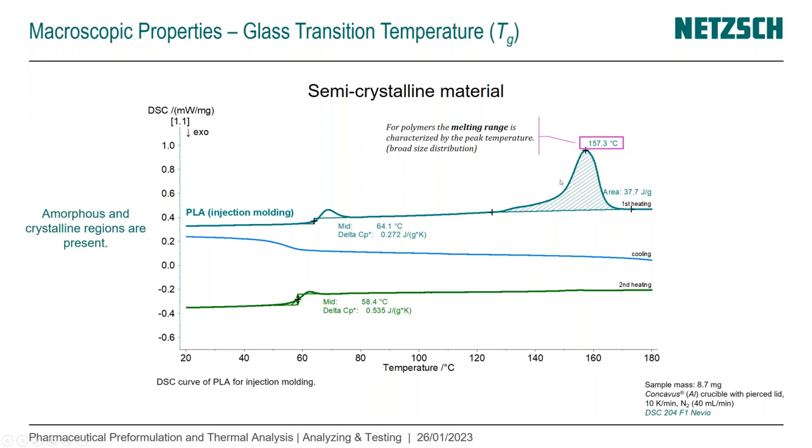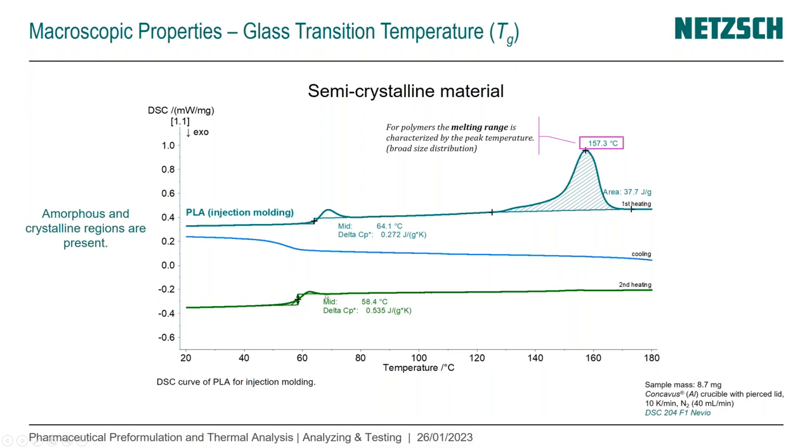This is related to the broad distribution of polymers. During the cooling, we see that we have no recrystallization, but then here the specific heat capacity came back to another level. And during the second heating, we just see the glass transition.